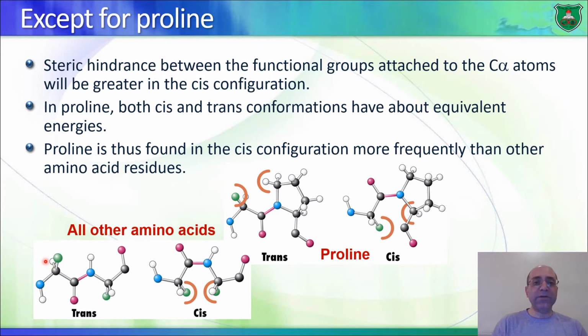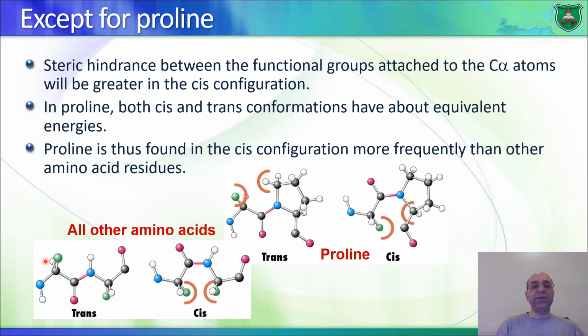Now, a difference is whenever you have a proline. And there's another difference, by the way, that I forgot to mention in the previous slide: I said that with peptide bonds, you can have the formation of hydrogen bonds between the groups that make up the peptide bond, except for proline.